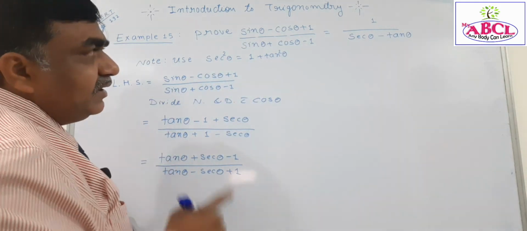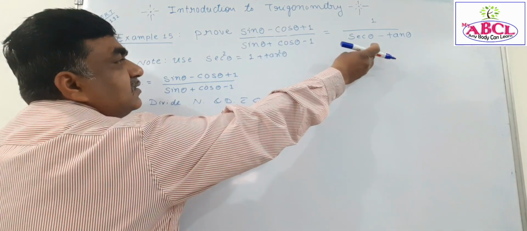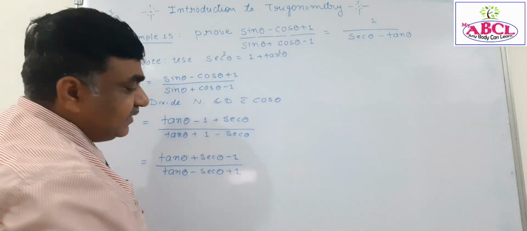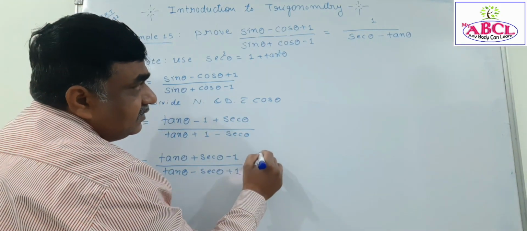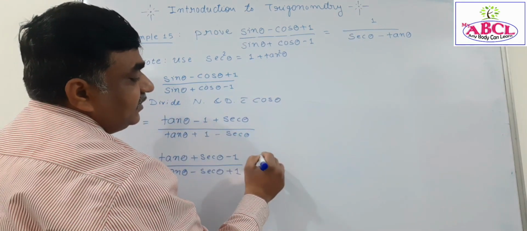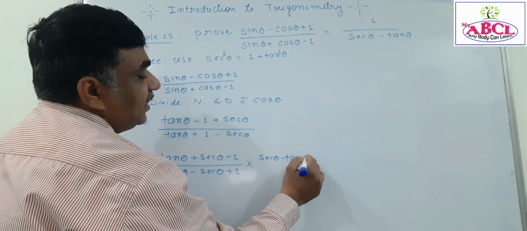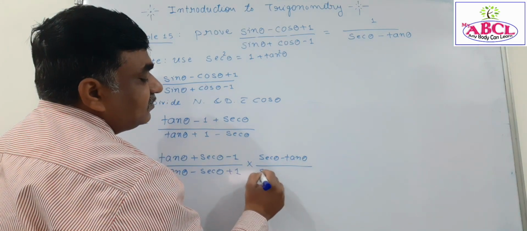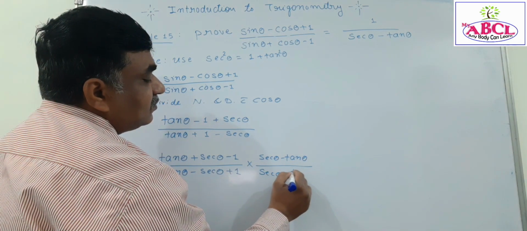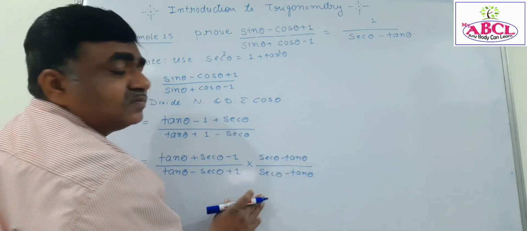So I am dividing with sec theta minus tan theta and multiplying with the same, and in the denominator the same thing, so it won't change this step.